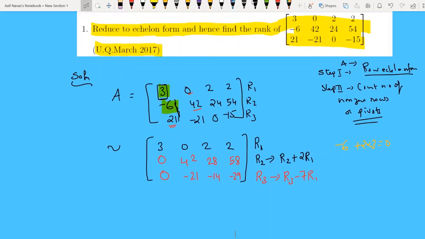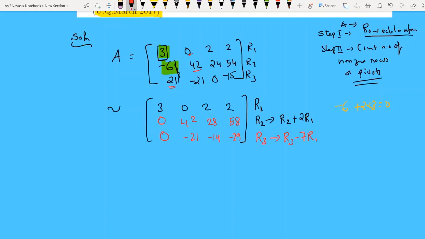Now here this is the pivot, and we made the elements below the pivot 0. So now what is the next pivot? You have to search for the pivot in the second row. So what is the non-zero leading entry here? 42. 42 is our pivot.